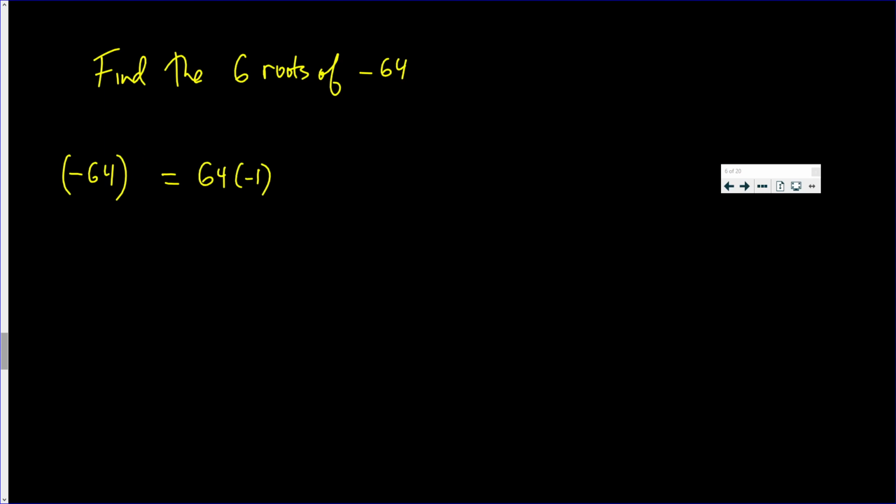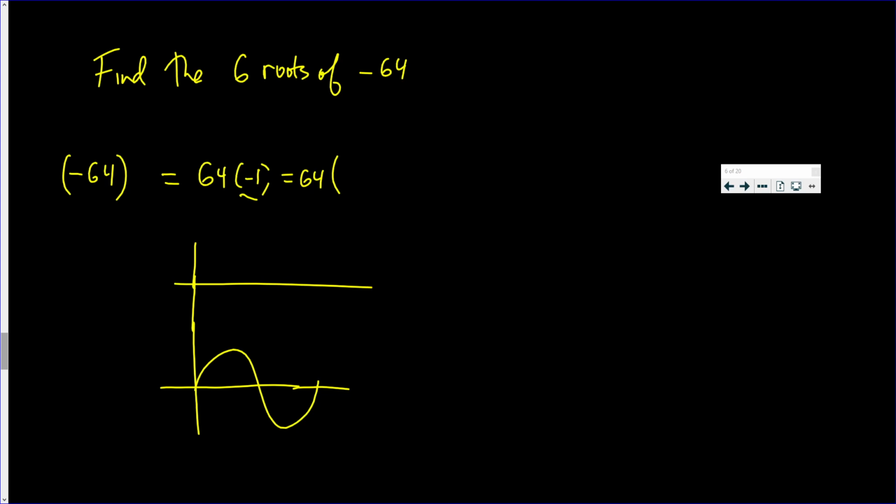Okay. Now, this is equal to 64 times... now, what equals negative 1? Well, let's look at this. I want the cosine and sine to give negative 1, meaning a real negative 1, not i or anything.